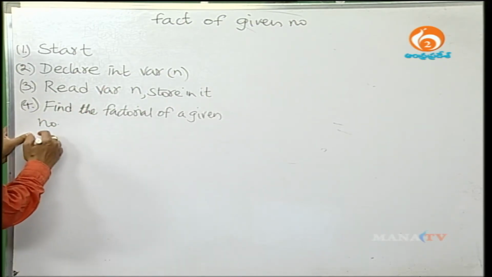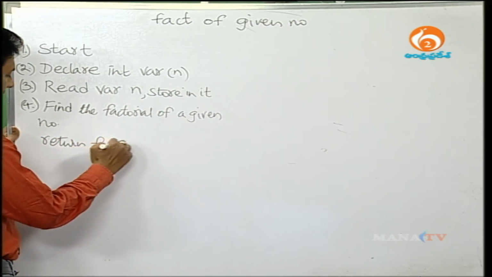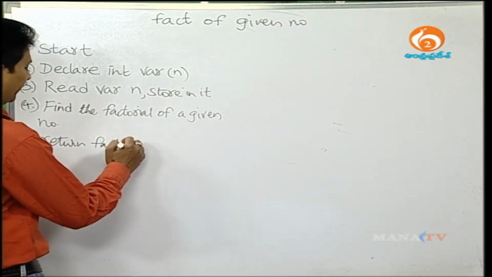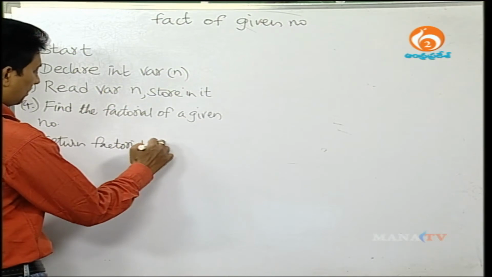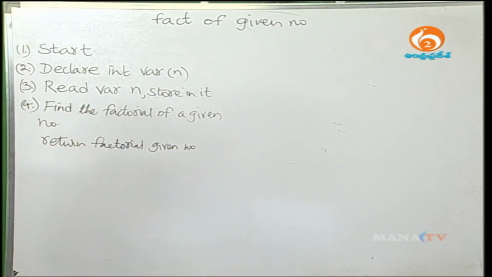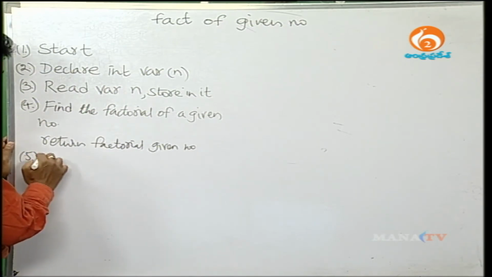And then return the factorial of a given number. Next, print factorial, display factorial.